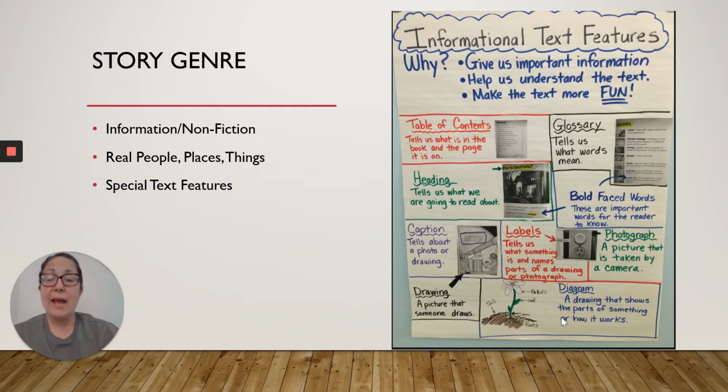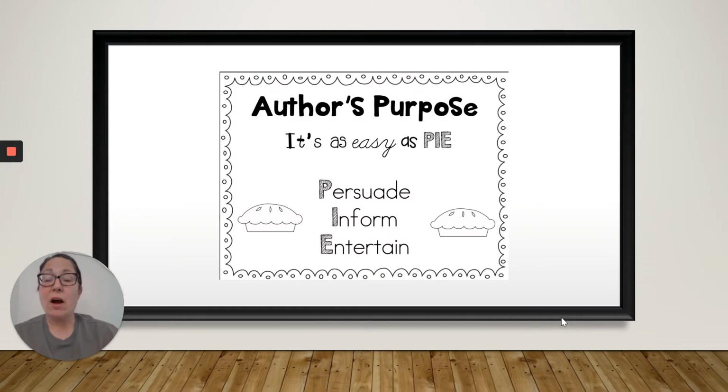Okay, and today, as I said earlier, our focus is going to be the author's purpose. What does that mean, friends, the author's purpose? Well, friends, remember when we were in class, we talked about it's as easy as pie. And authors, when they're writing our stories, they want to persuade us, inform us, and sometimes, friends, even entertain us.